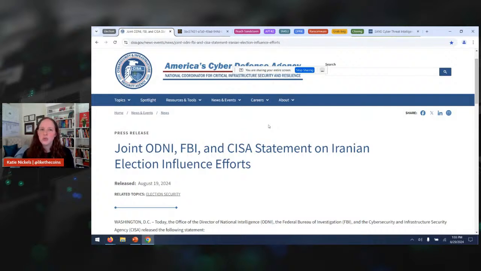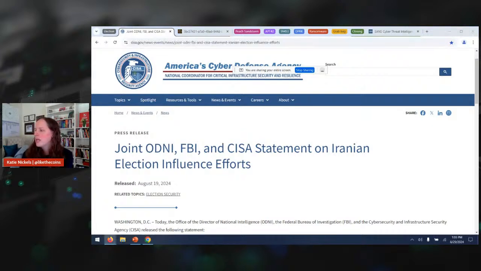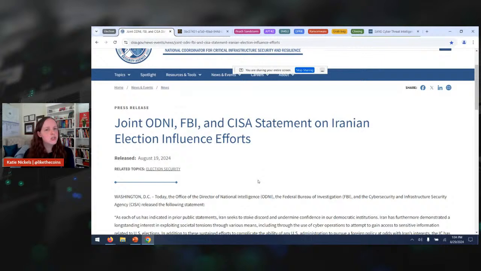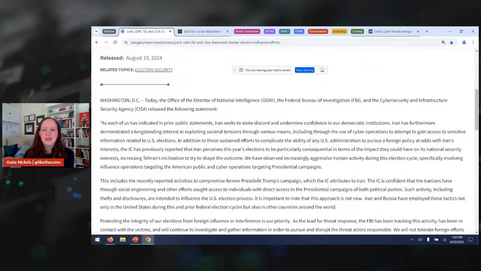So different sources we're going to go through today. We'll compile these later for you all, and try to drop them in as we go as well. You might have observed a week and a half ago, CISA, jointly with other U.S. government agencies, put out a statement on Iranian actors influencing the campaign, which is interesting because in previous U.S. presidential elections, different countries have been interested. With any government statement, it's interesting to look at what messaging is going out.